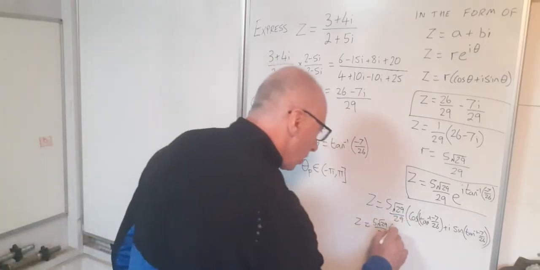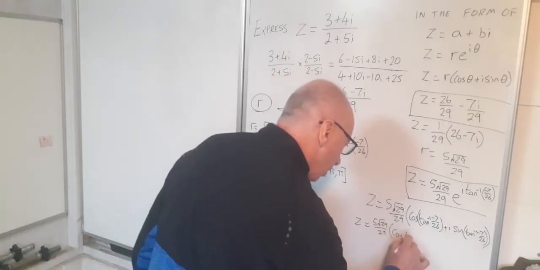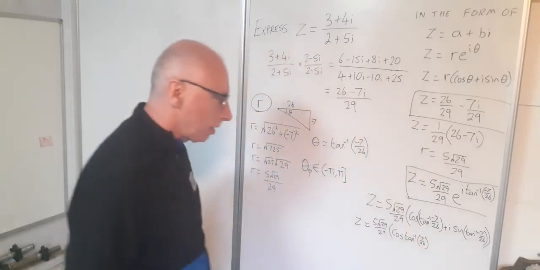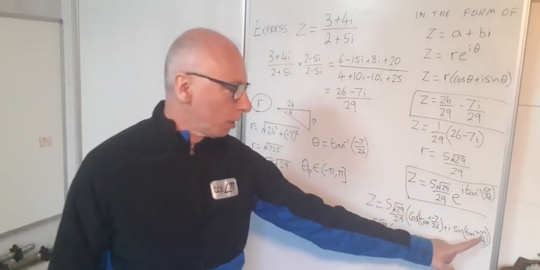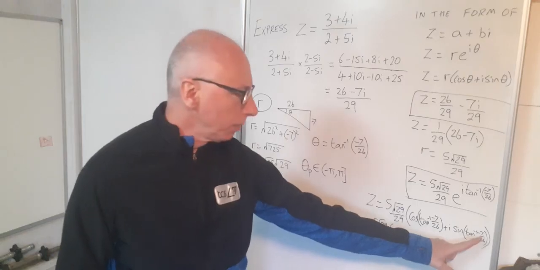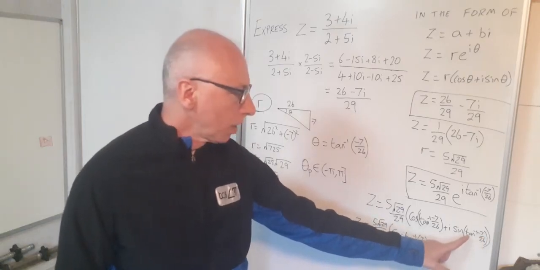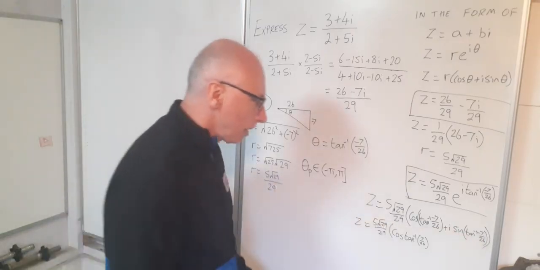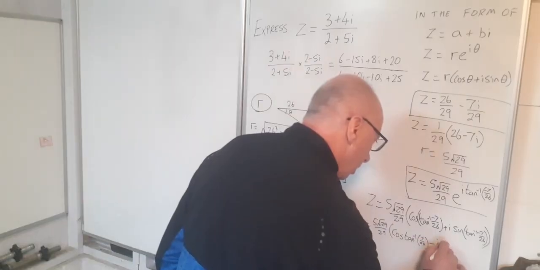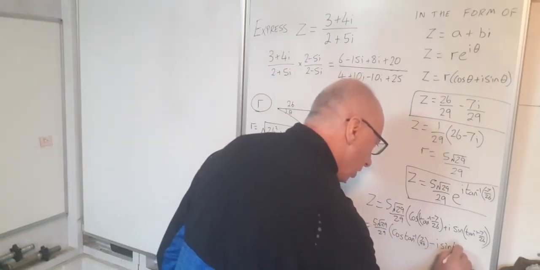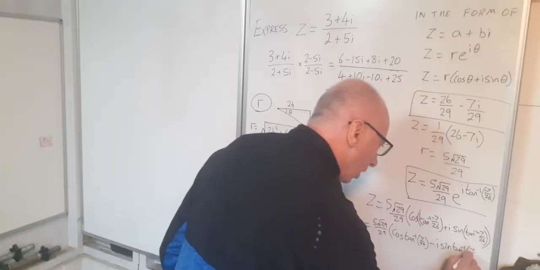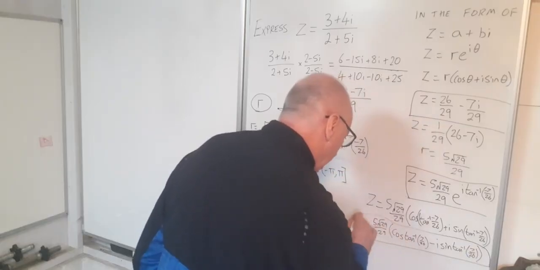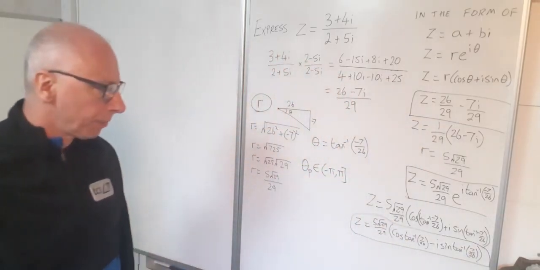So then I've got cosine inverse tangent, and then just put that one in the bracket this time, 7 over 26. And then this one here, I can bring the minus outside of the tangent to leave positive 7 over 26. But I've got minus input for sine, I can then bring the minus outside. So then I've got minus i sine inverse tangent of 7 over 26. And then that would complete that one. That's how I would present my answer for that one.